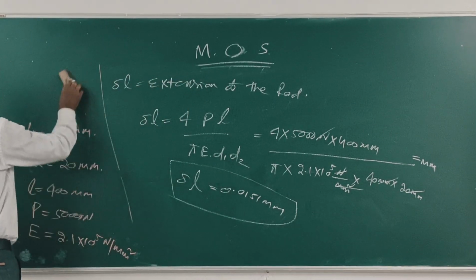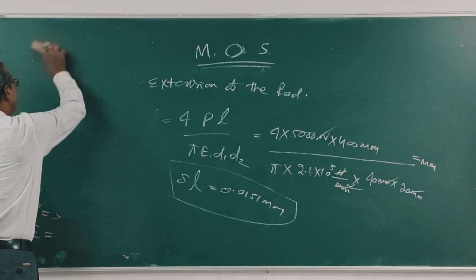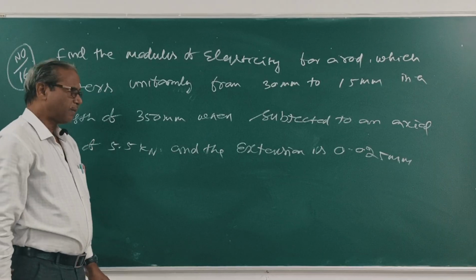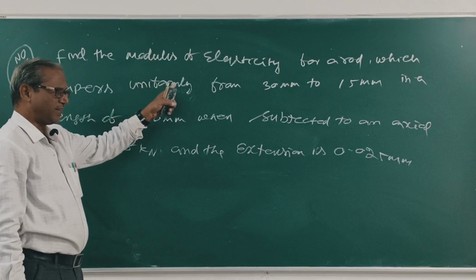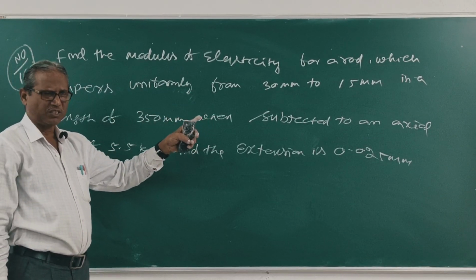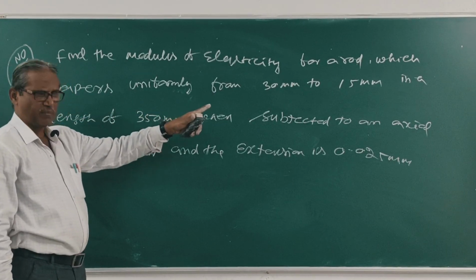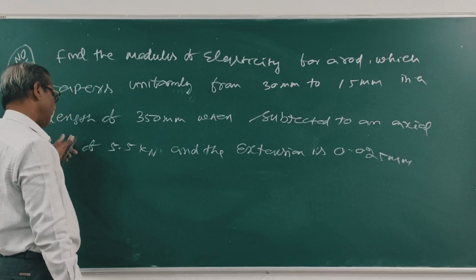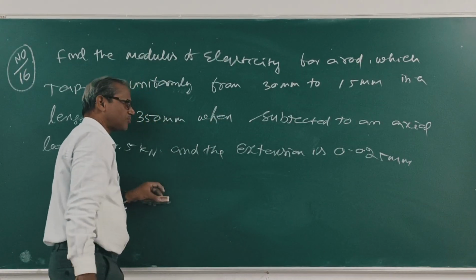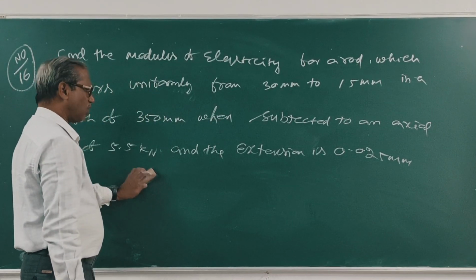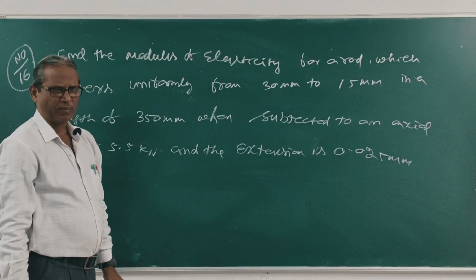Next question number 16. The question is find the modulus of elasticity, this is Young's modulus, for a rod which tapers uniformly from 30 mm to 15 mm in a length of 350 mm when subjected to an axial load of 5.5 kilonewton and the extension is 0.025 mm.